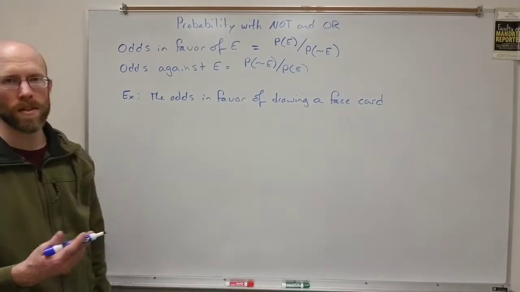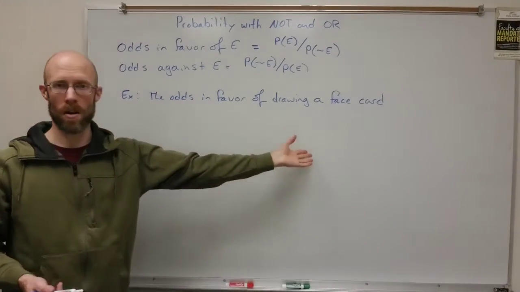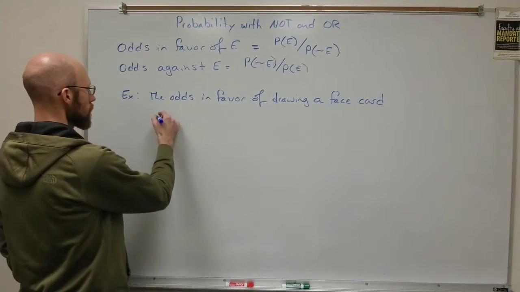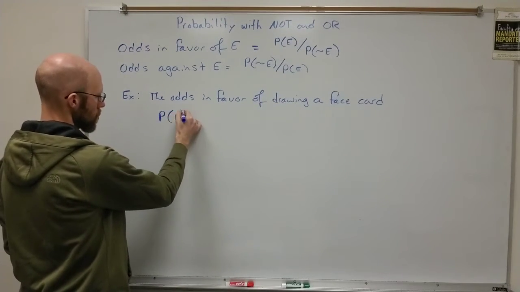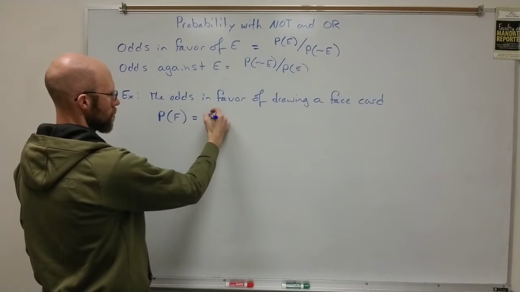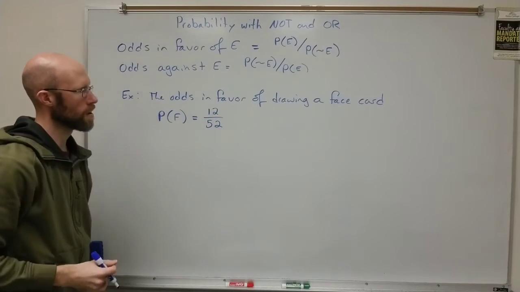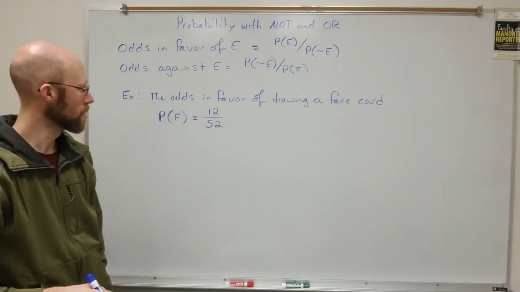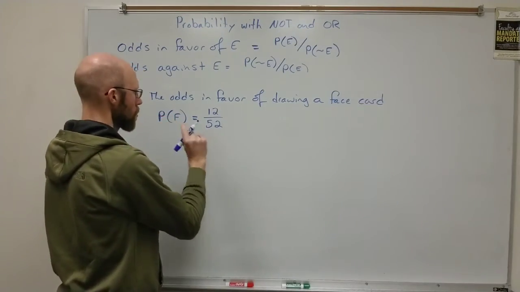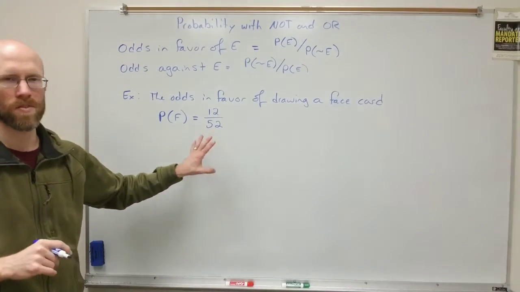And so just to give you an example of how this plays out, the odds in favor of drawing a face card can be calculated simply by computing the probability of getting a face card. There's 12 out of 52 cards in a deck that are face cards, right? 12 out of 52. You can always reduce these, although I may hold off on reducing because I might like the canceling of the 52 in a moment.